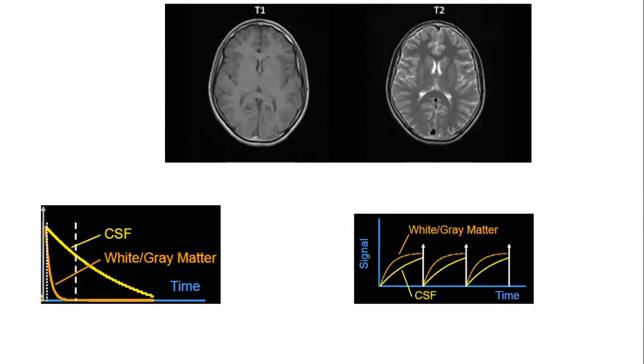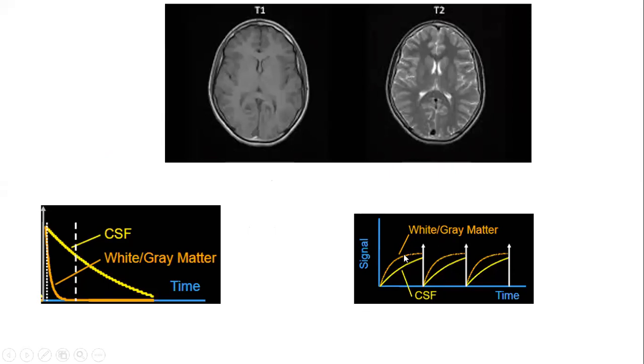These are T1 images, and like we know, T1 is mostly governed by time of repetition, whereas T2 is governed by time of echo. We look at this T1 contrast here.